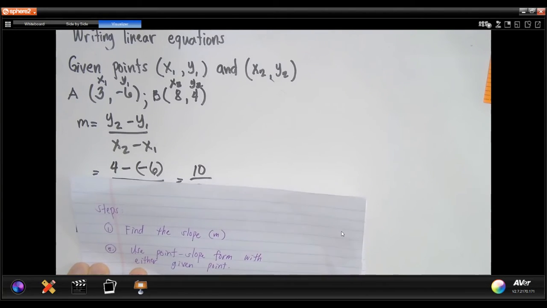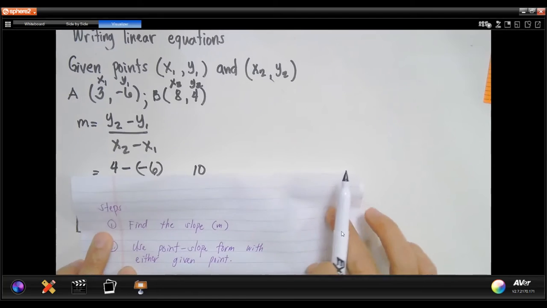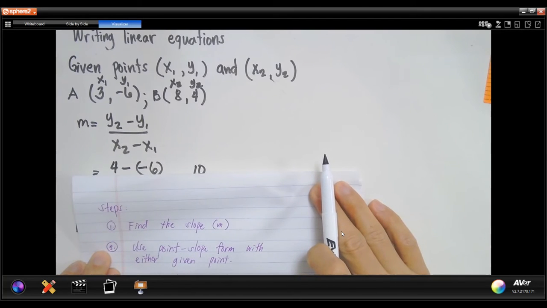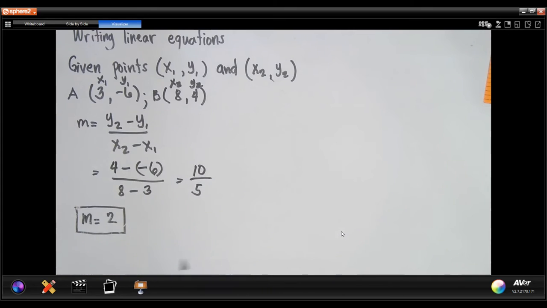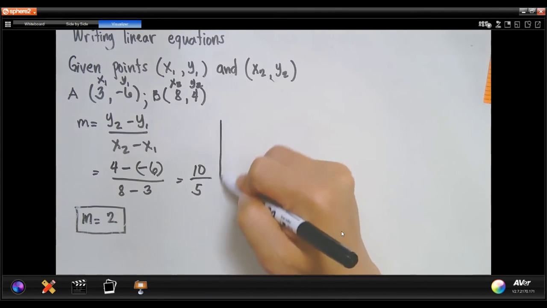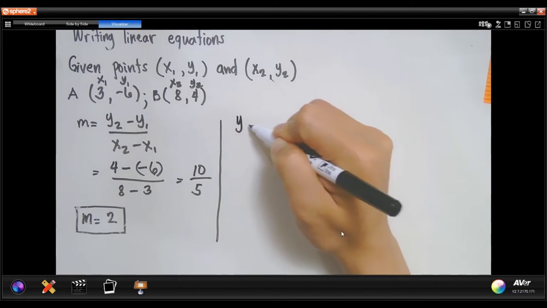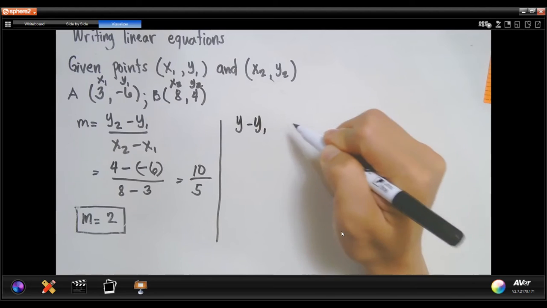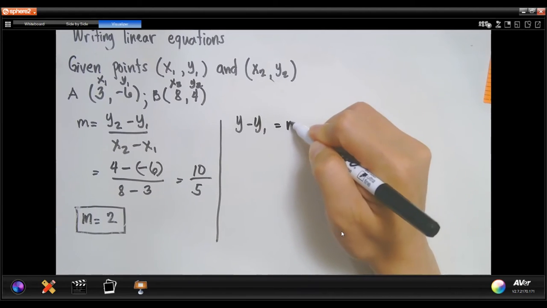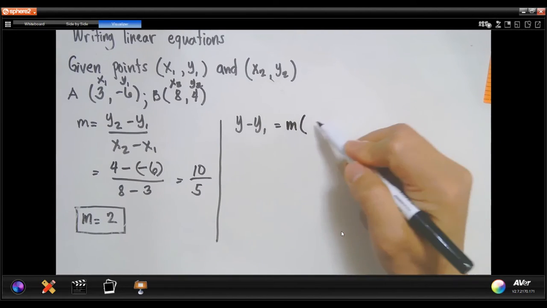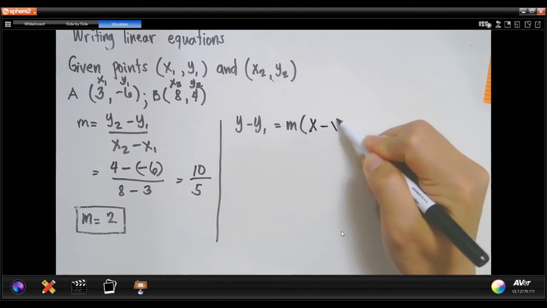Second step will be using the point slope form with either given points. So we will use our point slope form. Point slope form is y minus y1 is equal to m times x minus x1.